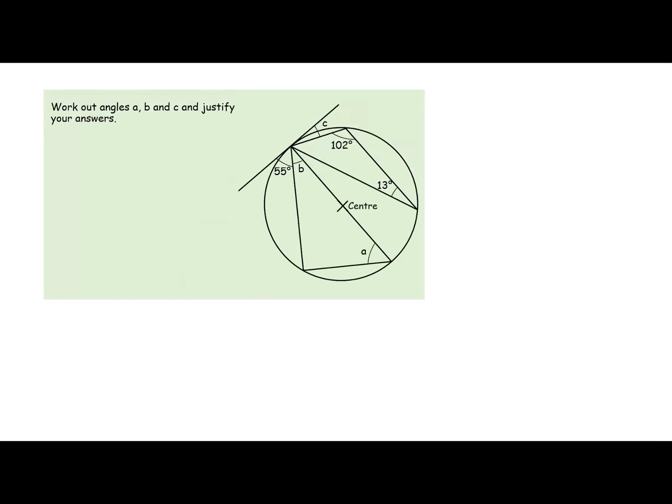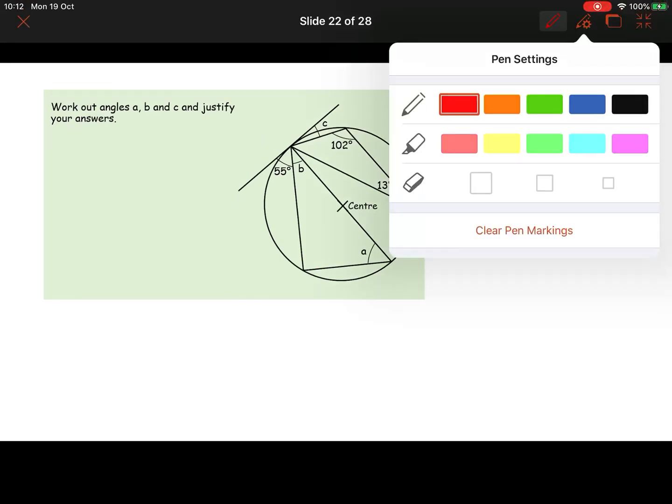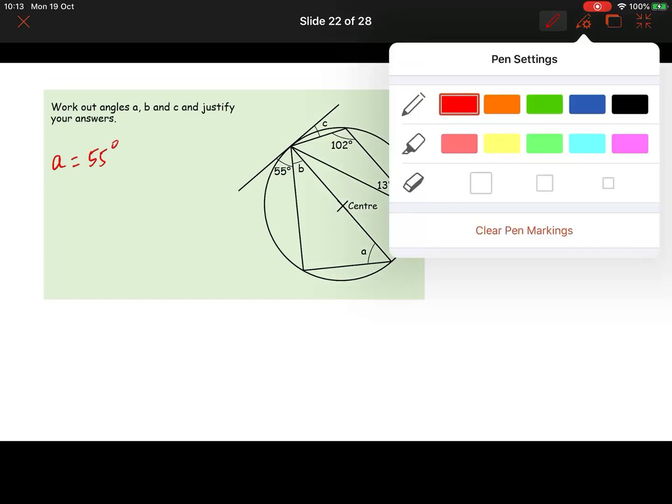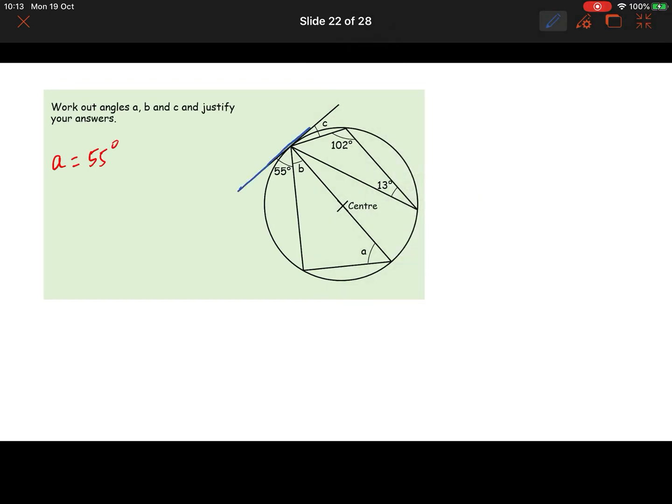Okay? Here is a question for you to do. See if you can work out A, B, and C. Right, now, A, I can straight away see must be 55 degrees because I have a tangent and I have a triangle meeting, a cyclic triangle that is, meeting that tangent at a point on the circumference.